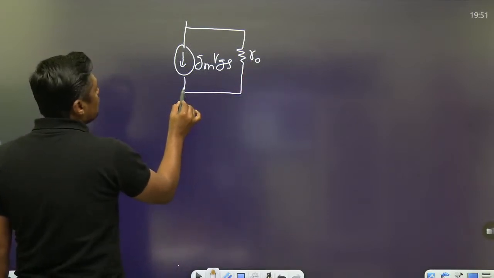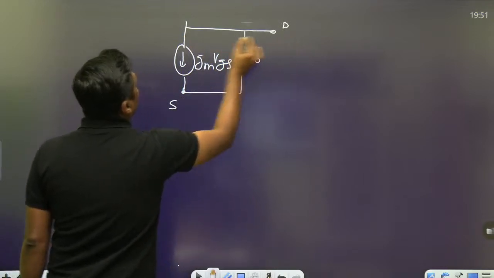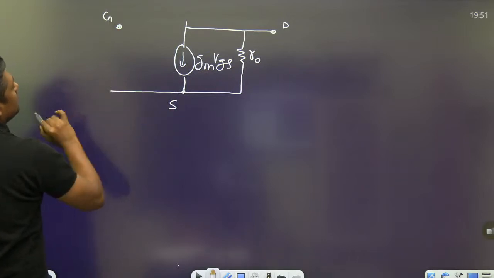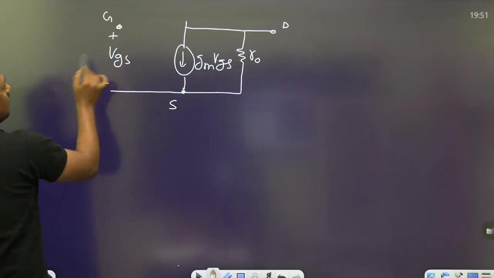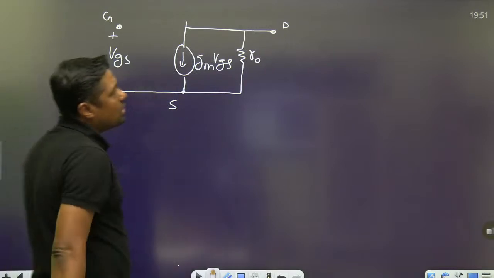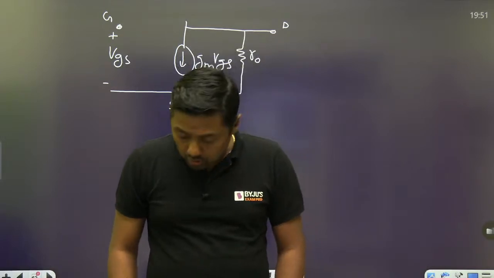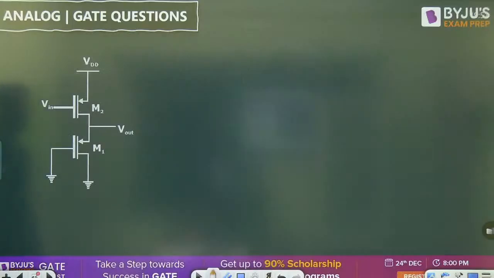This is the source terminal, this is the drain terminal, and this is the gate terminal. This is the VGS here. And what is the input impedance? Infinite. That is the small signal model for a MOSFET. That is the model. Then how can we solve it?